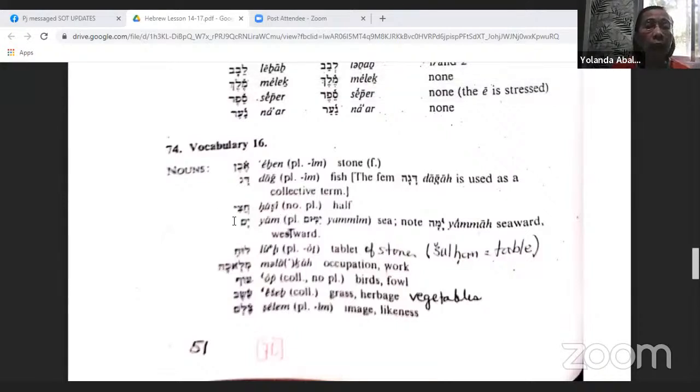Then we have the word chatzi. Hindi ito si kachi na kakilala mo. Chatzi, meaning kalahati, half. 50%. 50-50 tayo, sabi mo. Half of you, half of mine. 50-50. Yam. Yam is dagat. Ang plural, yamim.